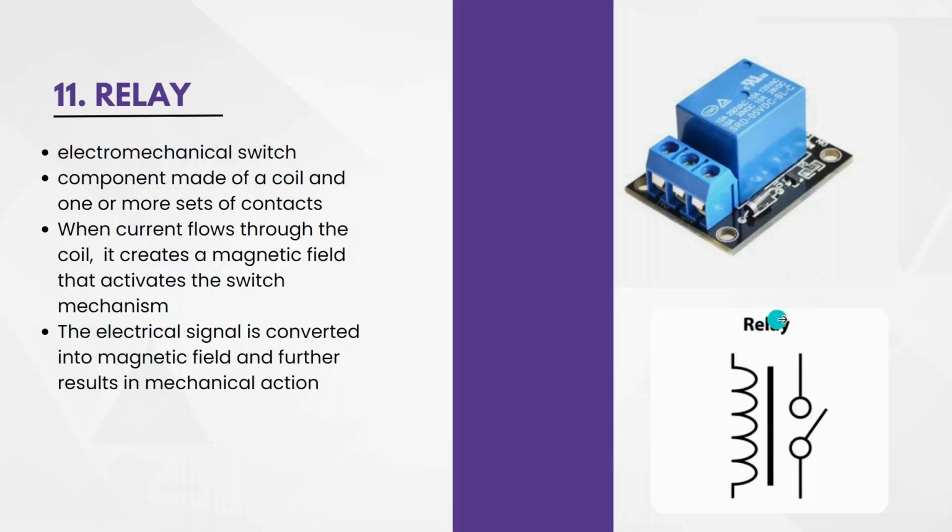This is how we represent a relay. This was the symbol for an inductor and this was for a switch. So this means a coil, and this is a switch, because a relay acts as a switch. That is how we can remember the symbols.